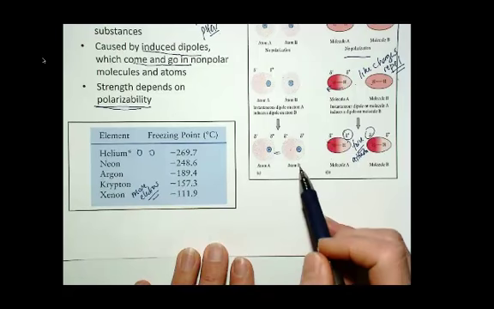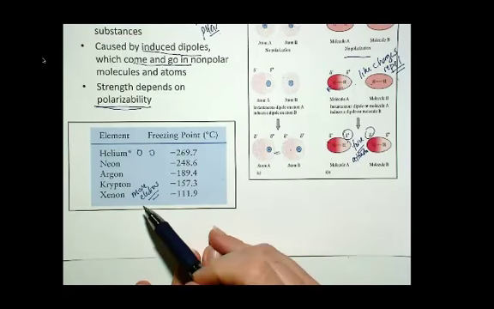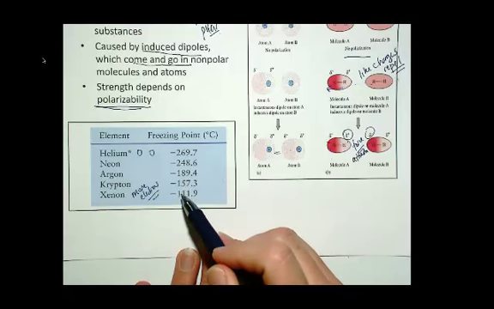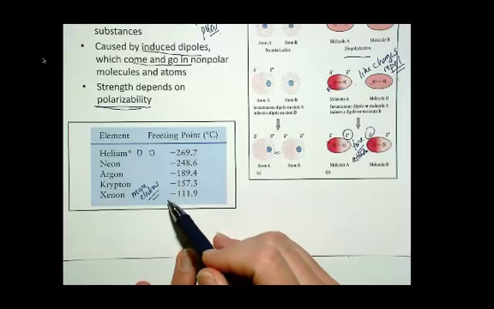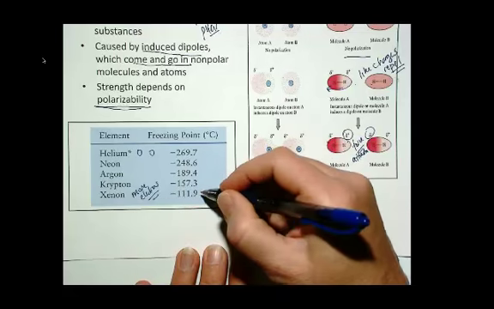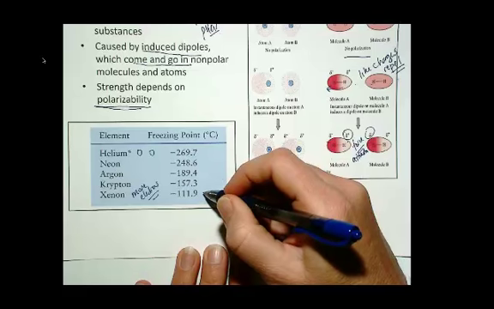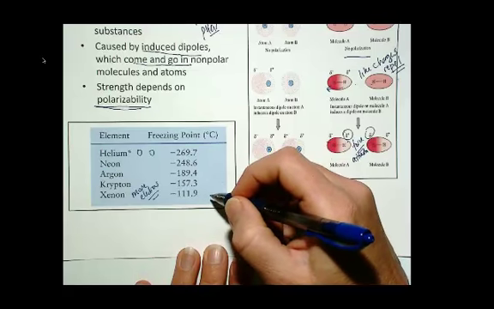There's more sloshing around or pushing around of the electrons that can occur. And so the freezing points also have to do with the strength of the attractive force. So the higher the freezing point, the stronger they are attracted to each other.